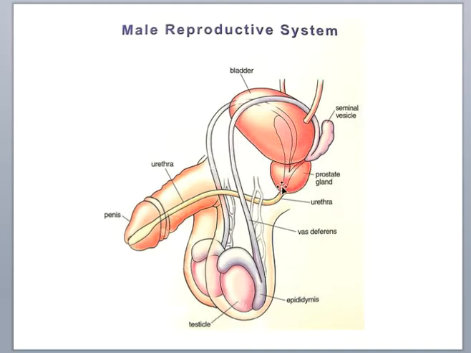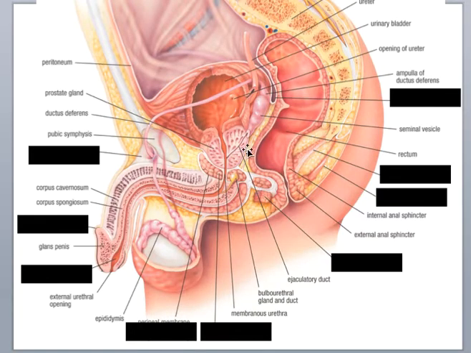This chestnut-shaped gland that surrounds the first part of the urethra directly under the bladder is the prostate gland. Right here, this is the prostate gland. That would be the ejaculatory duct leading into the prostatic urethra.